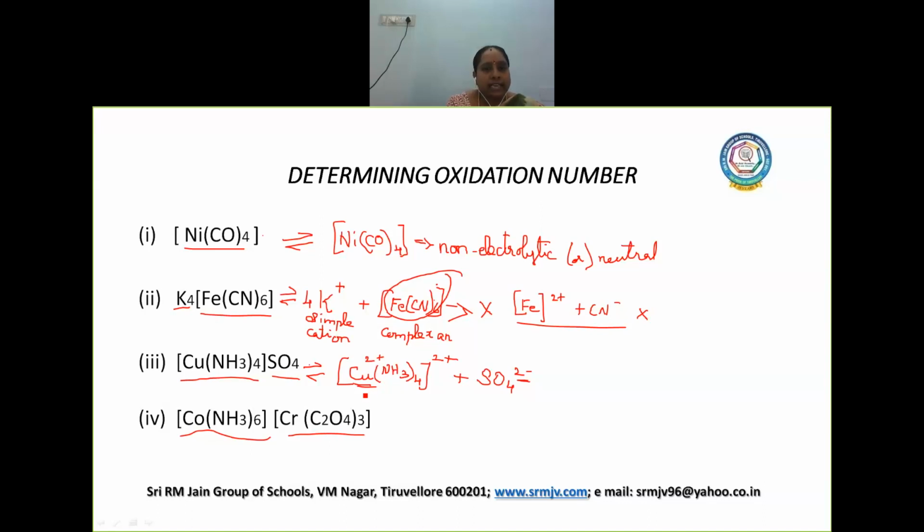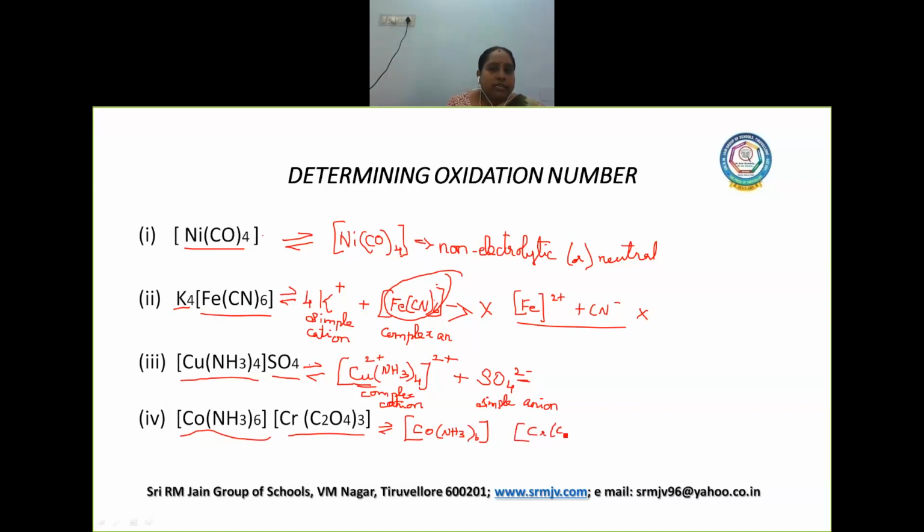So in this case, this is the complex anion. It cannot be dissociated further, and it is a simple anion. So this is a complex cation, and this is a simple anion. And in this last case, there are two spheres, and the spheres cannot be made into simple ions, isn't it? So we'll be getting two complexes.